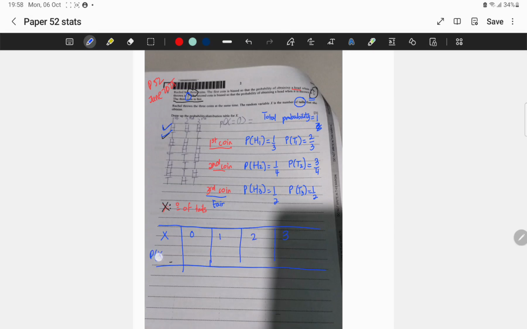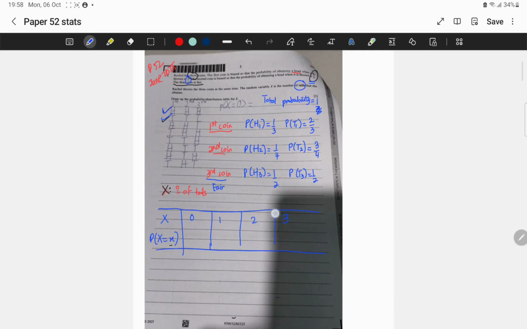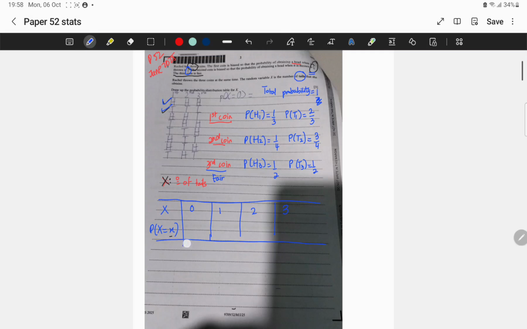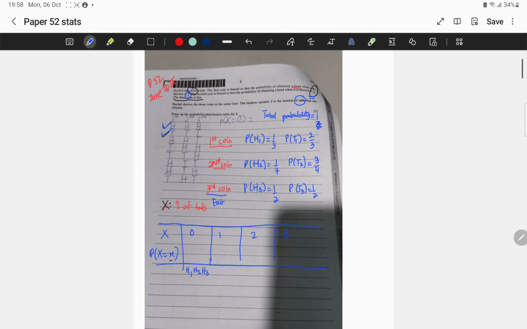So P(X = x). What happens if I get 0 tails? To get 0 tails, I must get head in the first coin, head in the second coin and head in the third coin, so H1, H2, H3. The probabilities are 1/3 times 1/4 times half, which gives me 1/24. So in my probability table, this is 1/24.